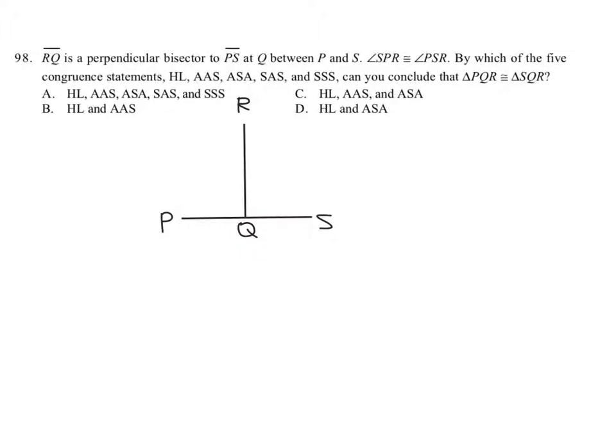Well, before we even draw the triangles, we know that that is congruent to that. Okay, now angle SPR, meaning this angle here, SPR. There must be an angle that's running up there. So let's draw a side there.